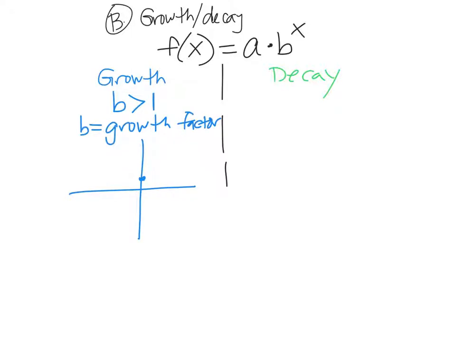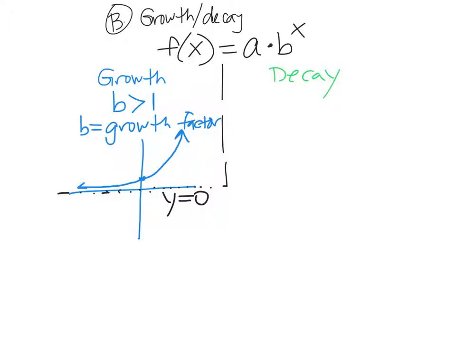Goes right along here, and then it starts to increase very rapidly. And maybe you've heard someone say, oh, it was increasing exponentially. You kind of know what that means. It means that it increases rapidly, with rapid growth. And there's an asymptote right here at y equals 0. Okay, and that's your parent function.